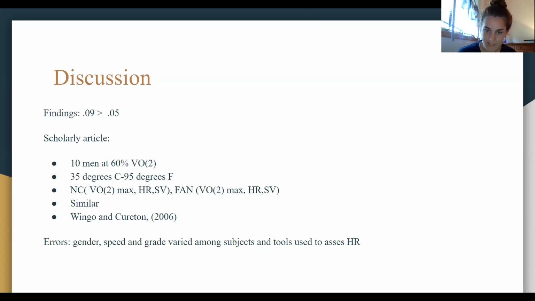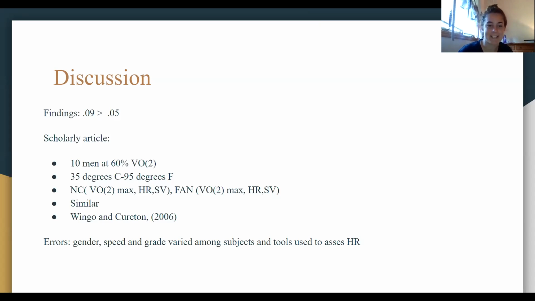And they say that the fall in VO2 max is associated with the cardiovascular drift during exercise in a hot environment, and this is affected by body cooling through the fan airflow. So their overall findings support a causal link between cardiovascular drift during exercise in a hot environment and decrease in VO2 max.